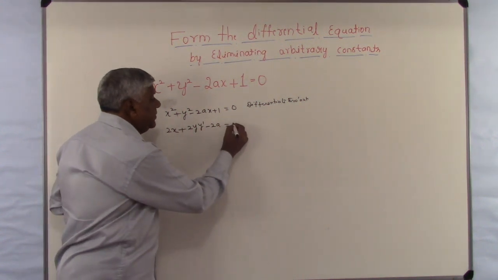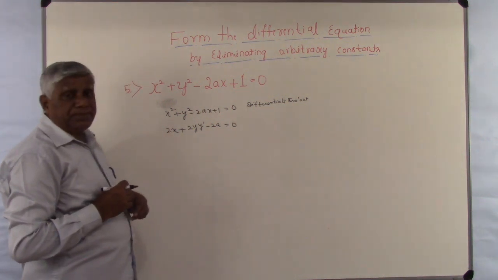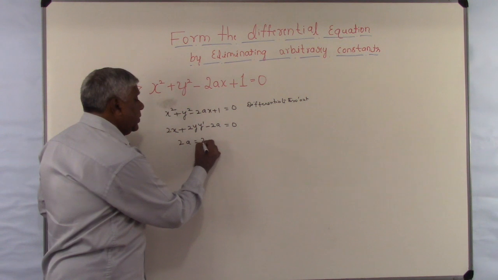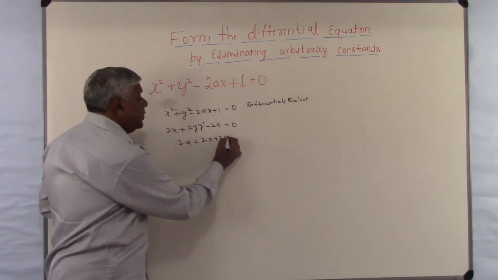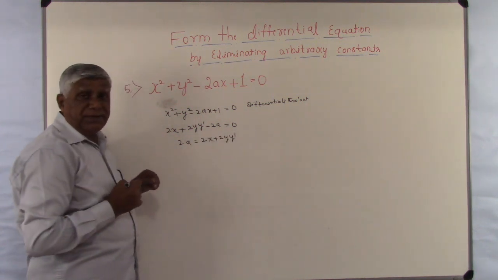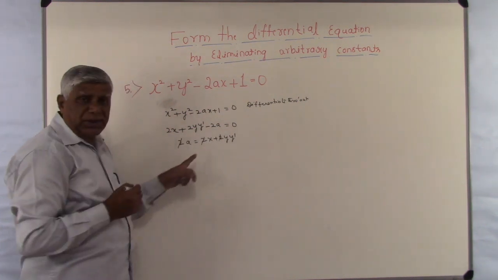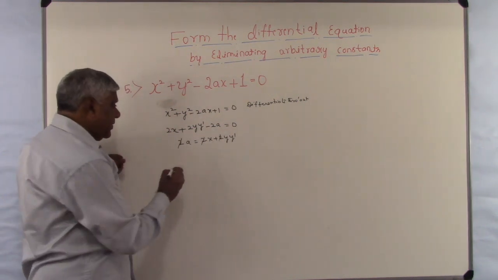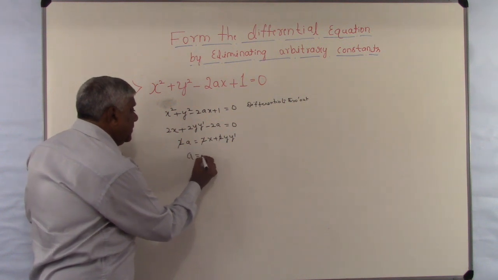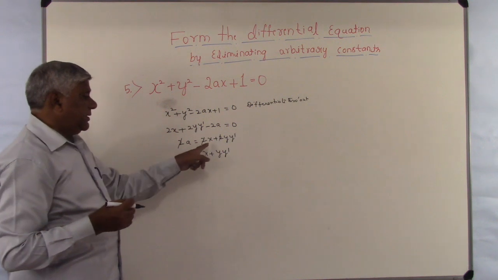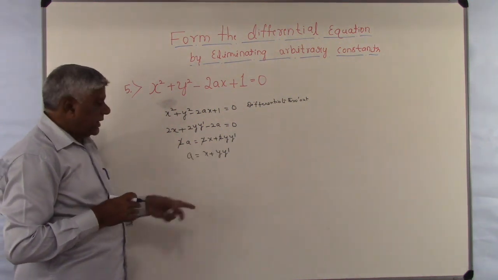This is equal to 0. Therefore, 2a is equal to 2x plus 2y y dash. Now in all this we have a 2 common. Therefore a is equal to x plus y y dash. Again differentiate.